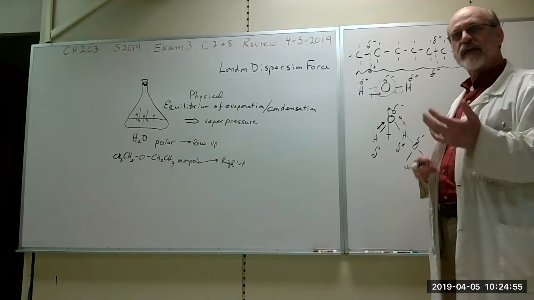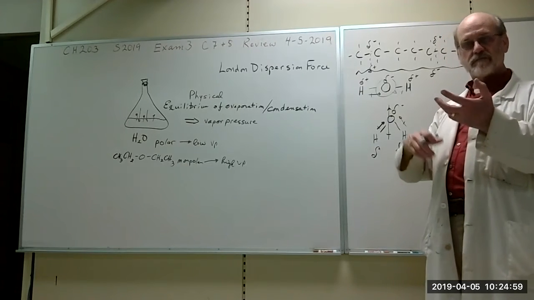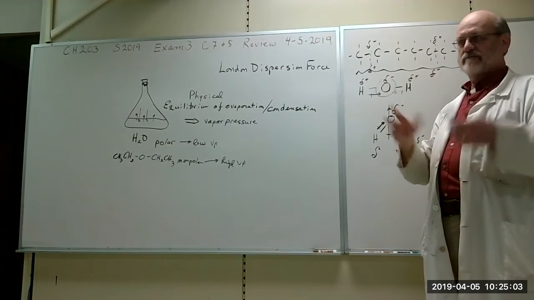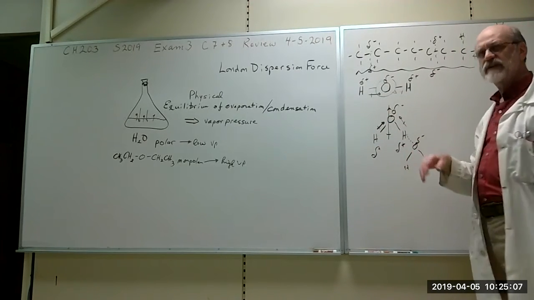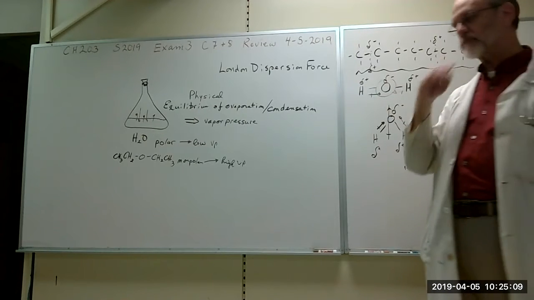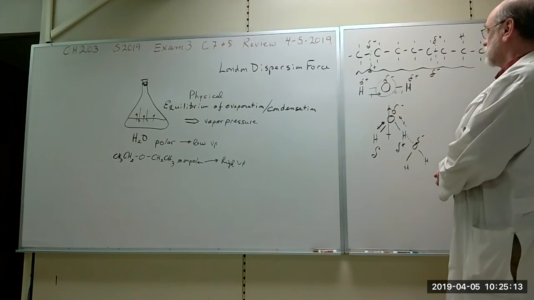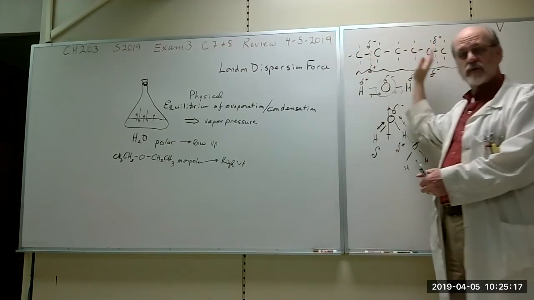That's why diesel is safer to use than gasoline, because it doesn't form that vapor as easily and mix with oxygen, and it has a flash point, things like that. So diesel is safer. But those are London dispersion forces, and that's why you have the liquids there.